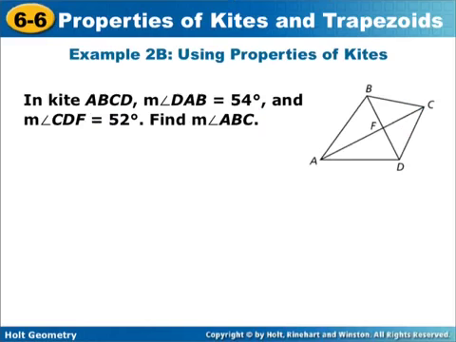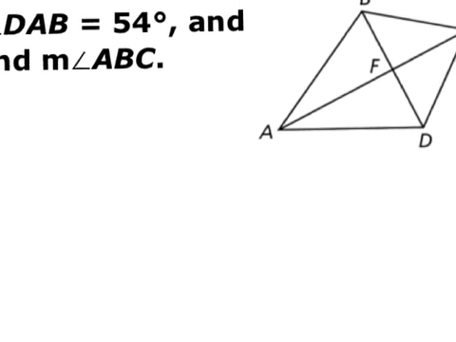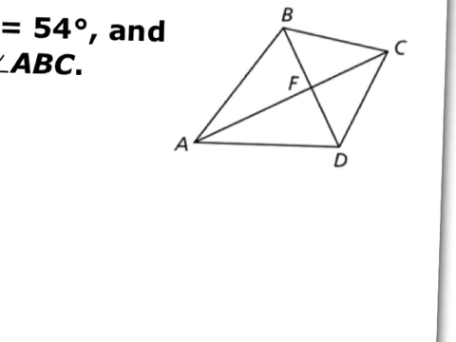Let's try another one. I think our numbers are the same here. DAB is 54. So again, this is 54. And CDF is 52. Let's see what it's asking me for.